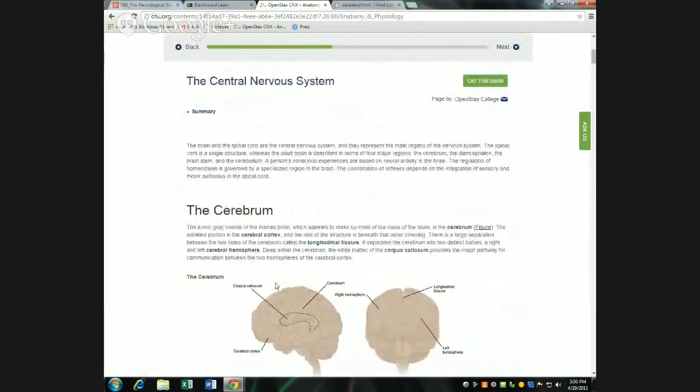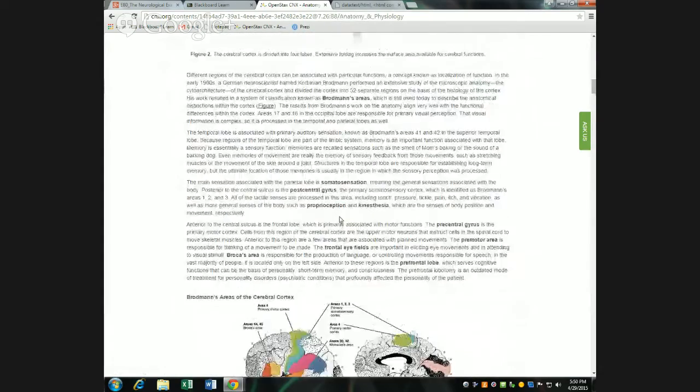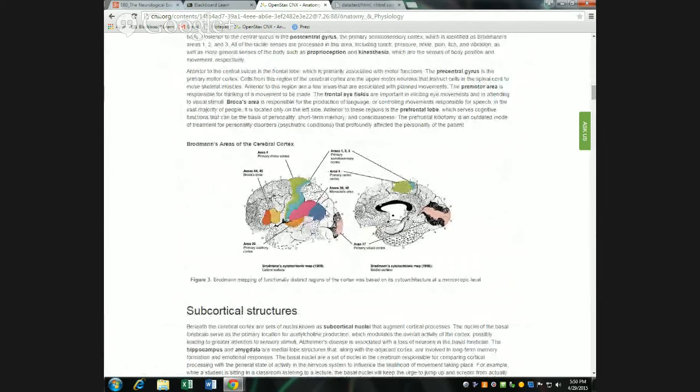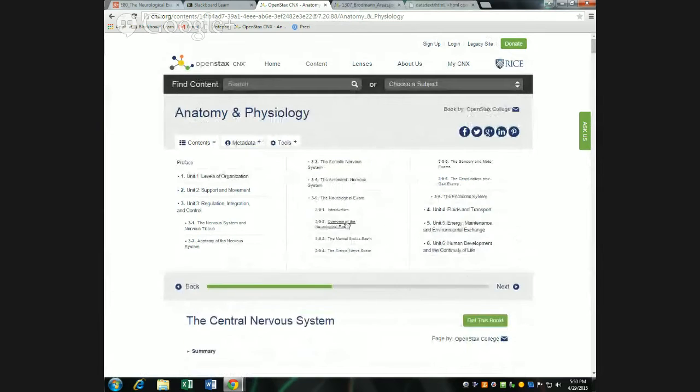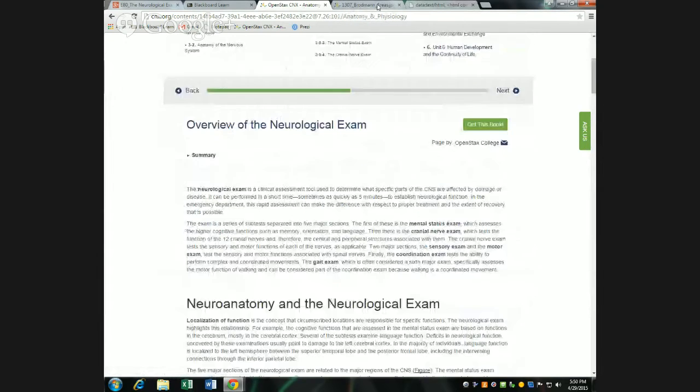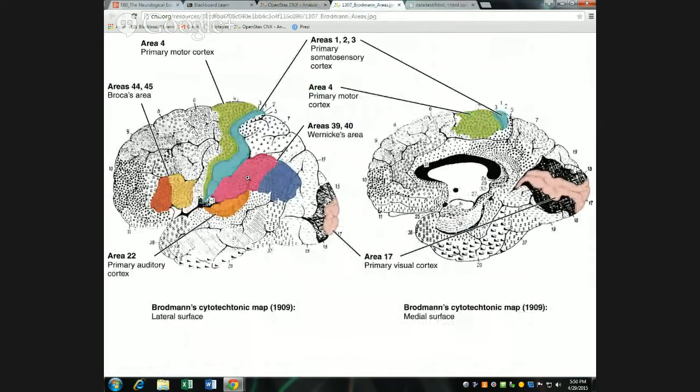When we were looking at the cerebrum and the different lobes, I also talked about briefly what this is showing. Each of these different areas that are highlighted in the Brodmann's areas, these were all determined by Dr. Brodmann through anatomical preparations.